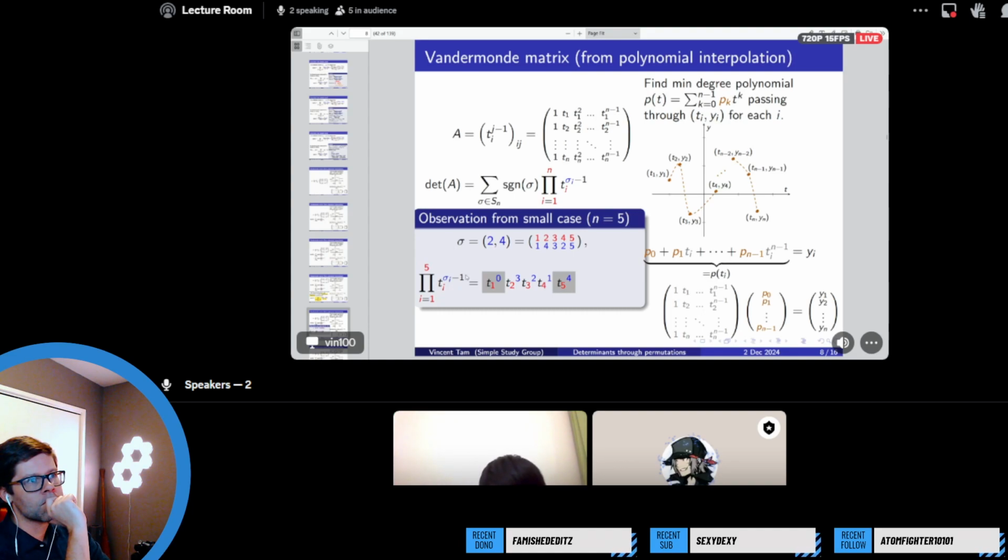Here I just make a simple observation: 1 maps to 1, 5 maps to 5. And when we see t1 to the power 10 and t5 to the power 4, intuitively we know that in this product we have to take as little t1 as possible and as much t5 as possible in the Vandermonde polynomial.